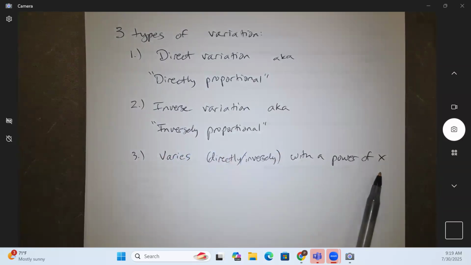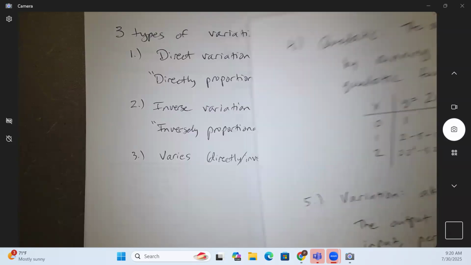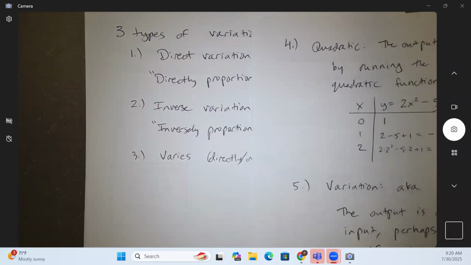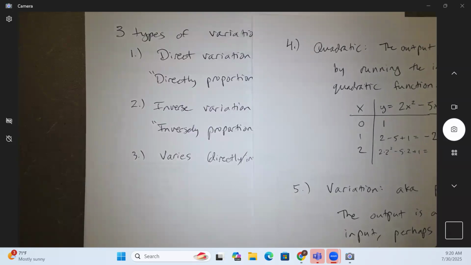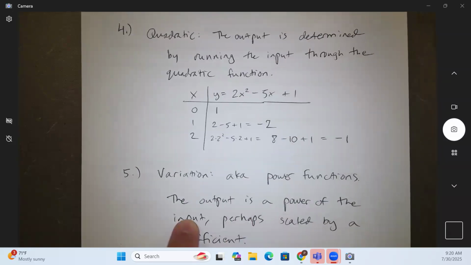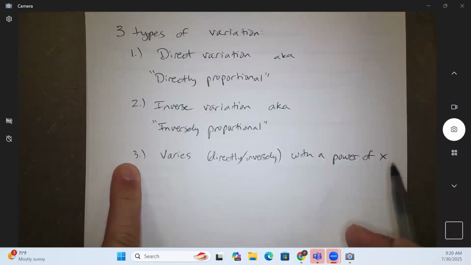You don't care if it's direct or inverse, and it's whatever power it is. Okay, that's the question. That's the type 5 that I showed you here. Where it's simply a power of the input, perhaps scaled by a coefficient. That's your third type here, where we talk about it varying with the power of x.